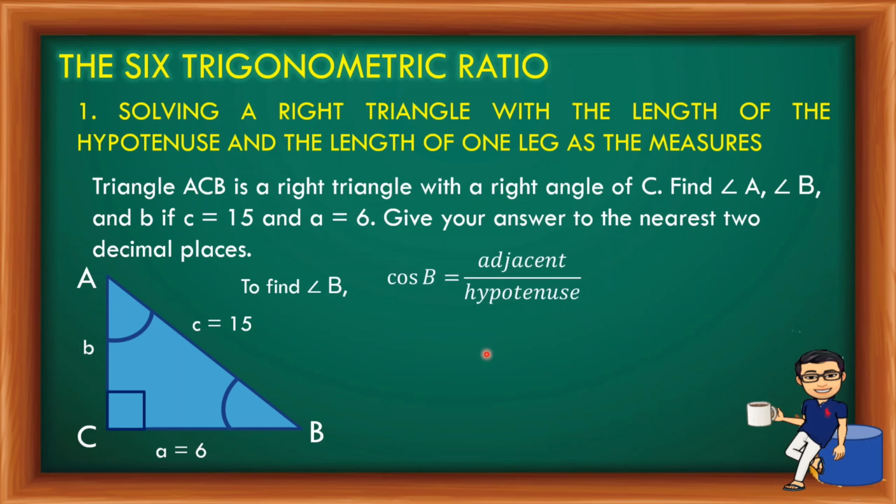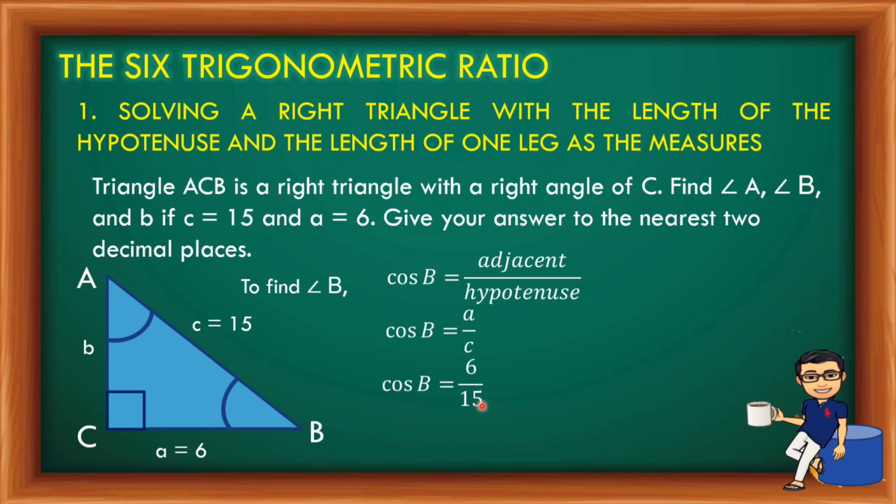And that is represented by cosine. So, cosine is the ratio of adjacent over hypotenuse. B yung gagamitin natin kasi B yung hinahanap natin. Again, palitan na natin sa adjacent ng a at si hypotenuse ng c. So, cosine B is a over c.